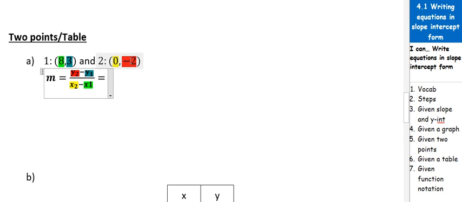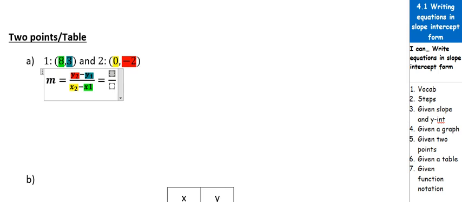So I have -2 minus 3. Then I have 0 minus 8. -2 minus 3 is -5. 0 minus 8 is -8.